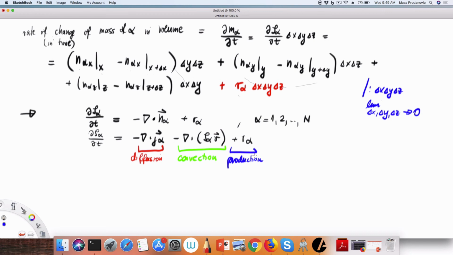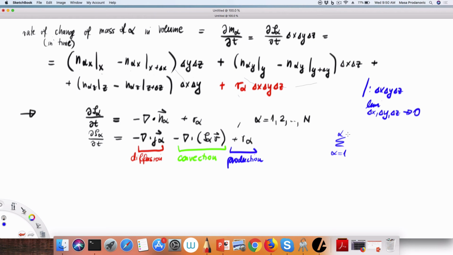Now, if I sum up all of the alphas, what will I get? What do I expect to get? What do I have to get? The regular continuity equation. So basically, we're going to finish that next time. But basically, the sum of all of these will be 0.